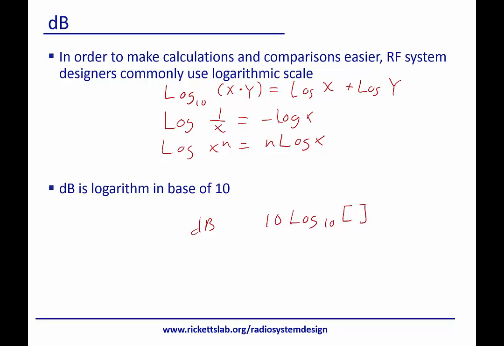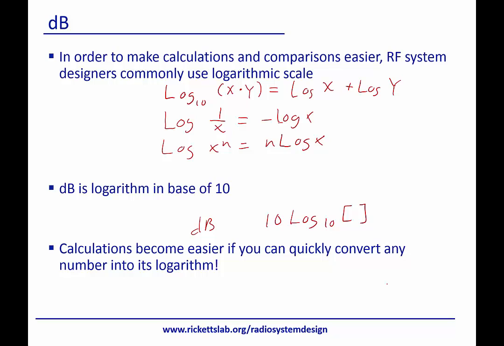Now, we use 10 because in RF systems we're primarily dealing with power. In signals and systems you probably did a lot of work with 20 dB, 20 log, and that happens because those are voltages and currents rather than power. And the reason we're using the logarithms is because it's an easy way to do calculations.